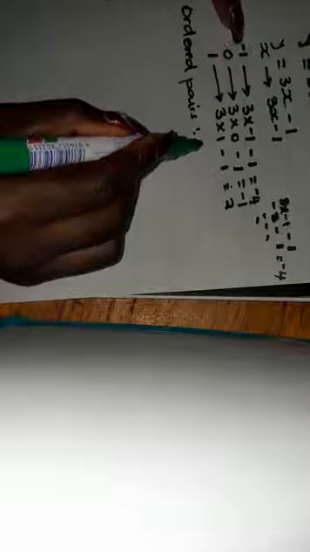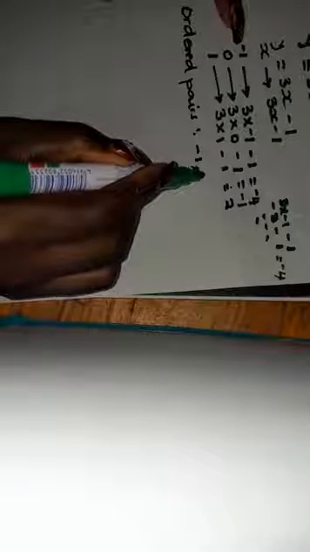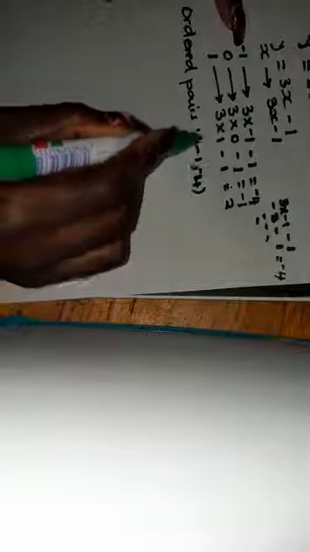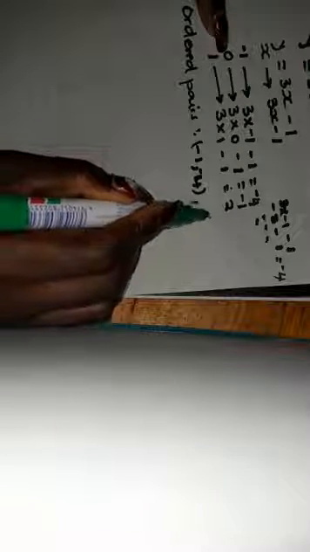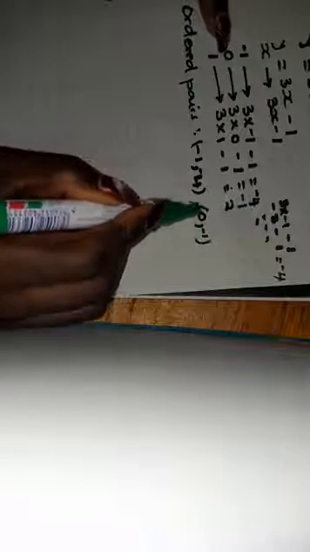Then our ordered pairs are -1, -4; number 2 is 0, -1; then the last one is 1, 2.